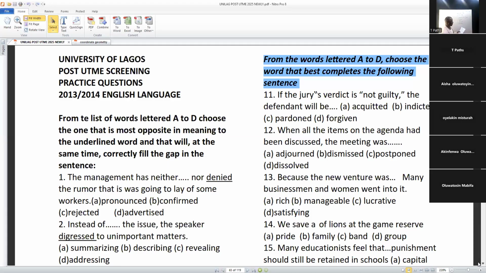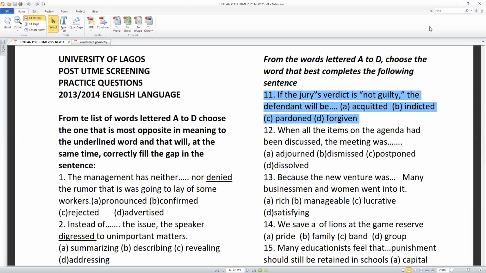All right. Let's start. 11. If the jury's verdict is not guilty, the defendant will be dash.